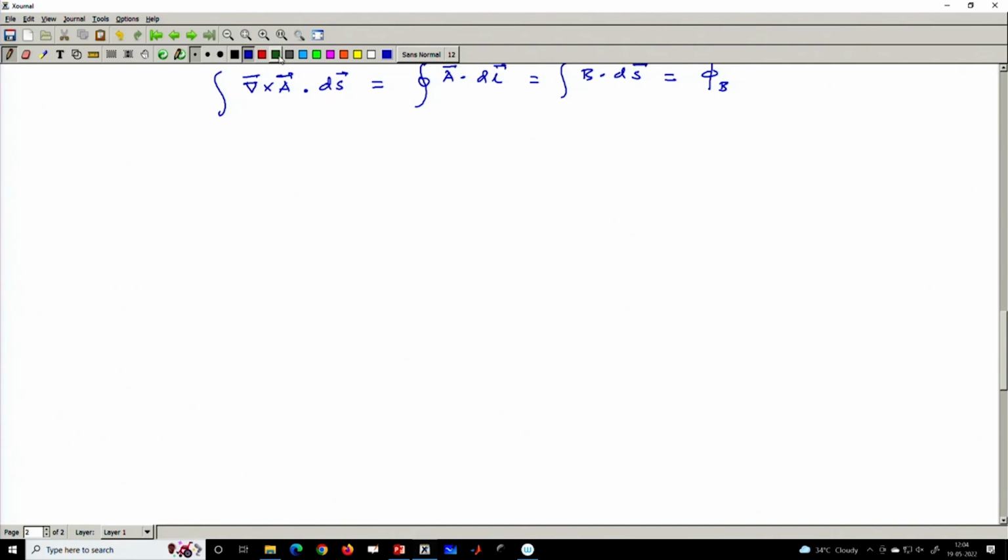So here if I make a loop like this, so this is the loop, and in this loop this length is suppose delta L. By making delta A tend to 0, we can make this flux phi B vanish.